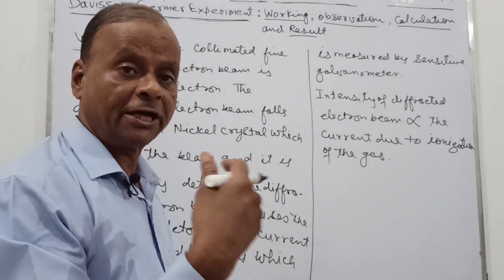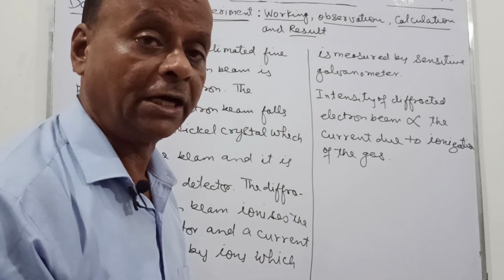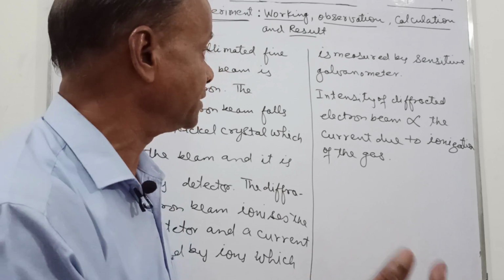So the larger the ionization, the larger the current, and the larger the intensity of the diffracted electron beam.